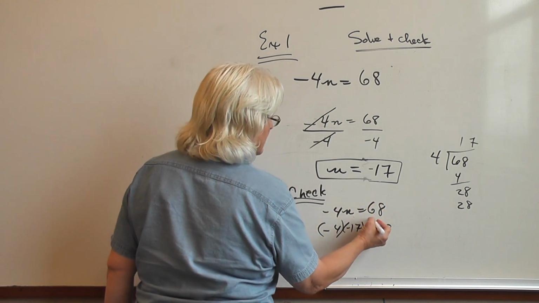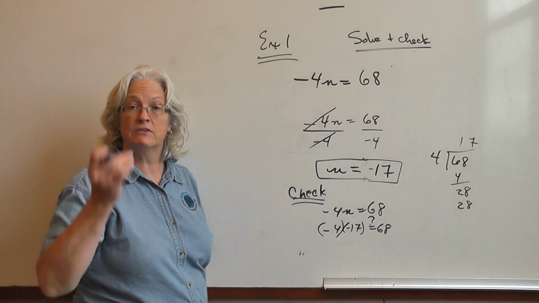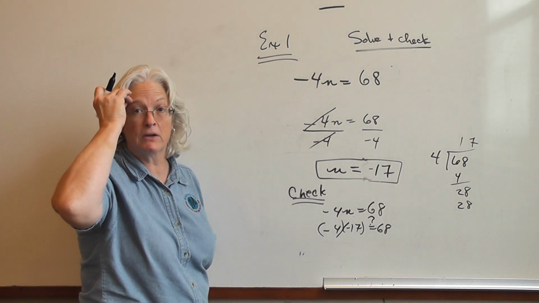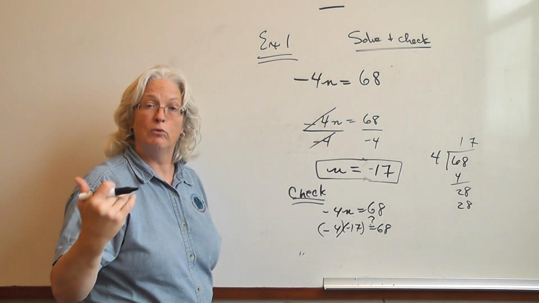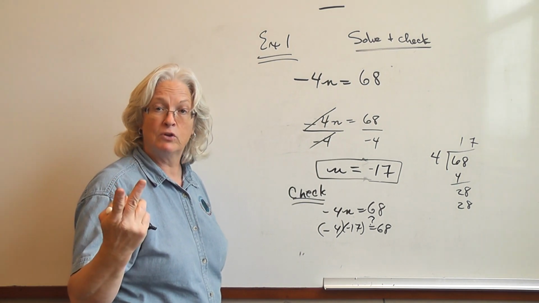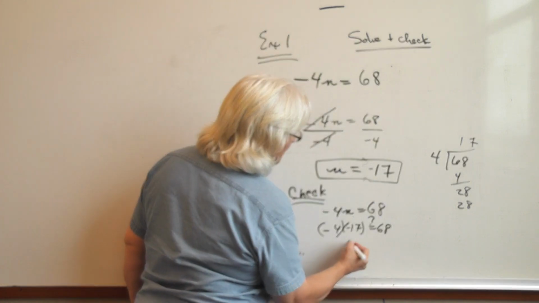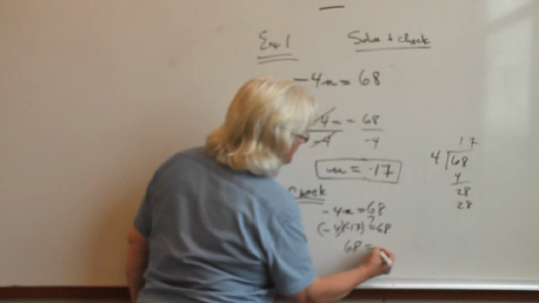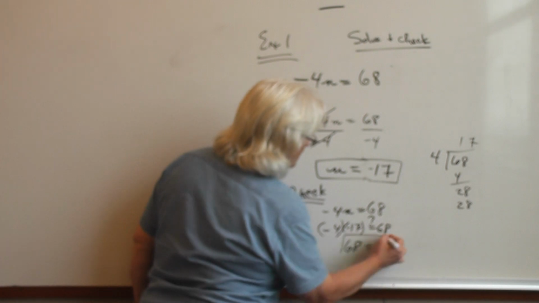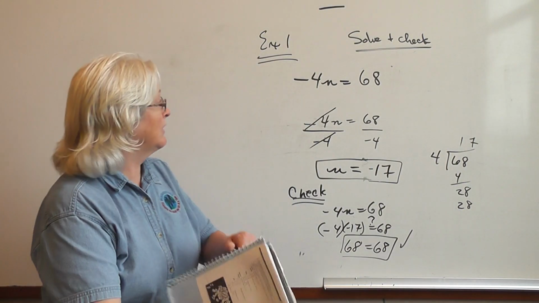And so you say negative 4 times a negative 17, is that equal to a positive 68? And you remember your teaching from 2 sections ago that says, yeah, if I have two factors, as long as the signs are the same, it doesn't matter if they're negative or positive. That product is always going to be positive.